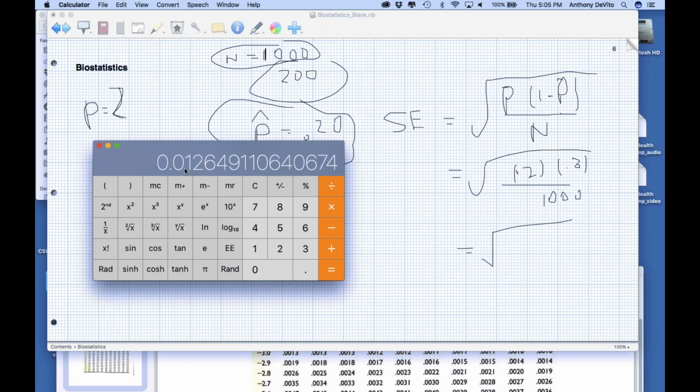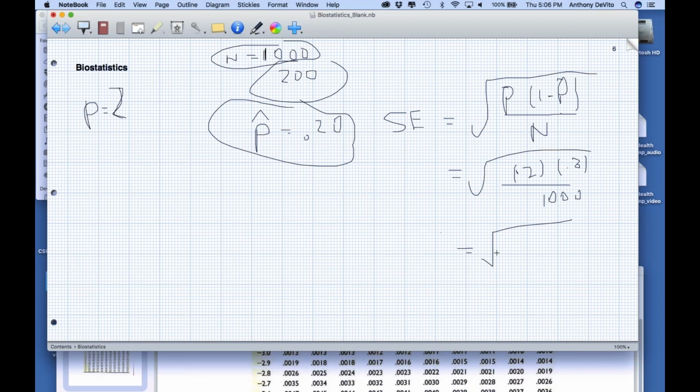It comes out to be 0.01 something. Normally I would say don't round too much, but for our purposes, so we can get out of here tonight, I'm going to call that 0.013. It'd be nice if you carried another decimal place, just so you have a little bit more room to round later. So the standard error is equal to 0.013. Now I have to calculate my confidence interval for that proportion.